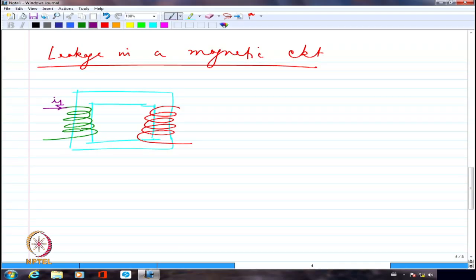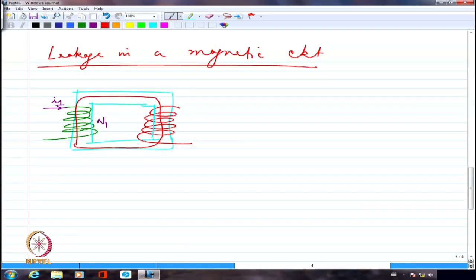Let's say the number of turns is N1. Okay? On the secondary side, if I keep it like an open circuit, there is not going to be any current. But if I connect a load, I will definitely have a current through that as well. Let me first of all discuss only the primary. If this current is flowing, if it is an alternating current, during the positive half cycle, probably I'm going to have a flux established like this.